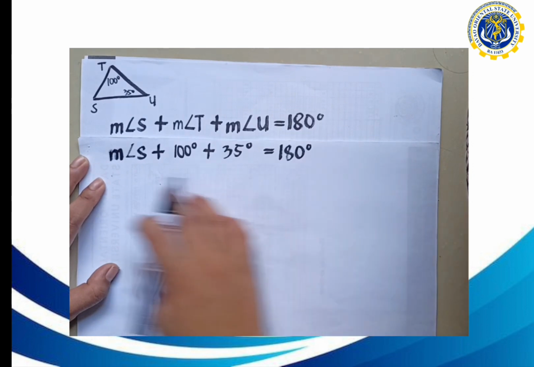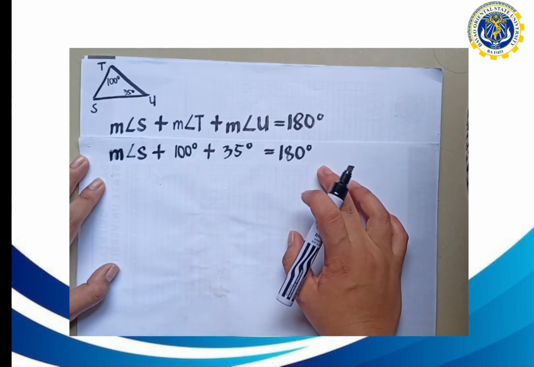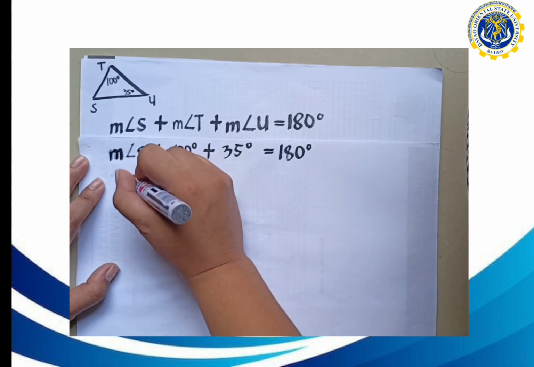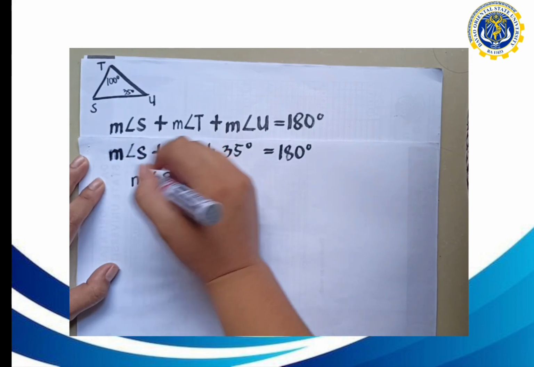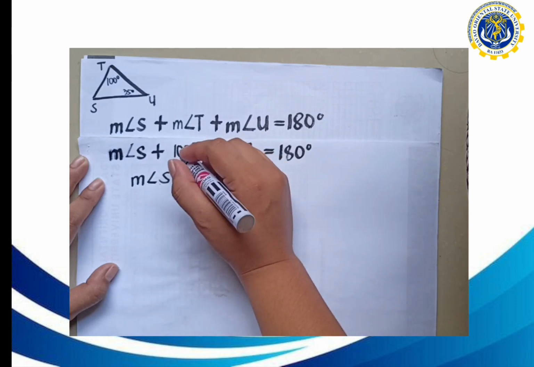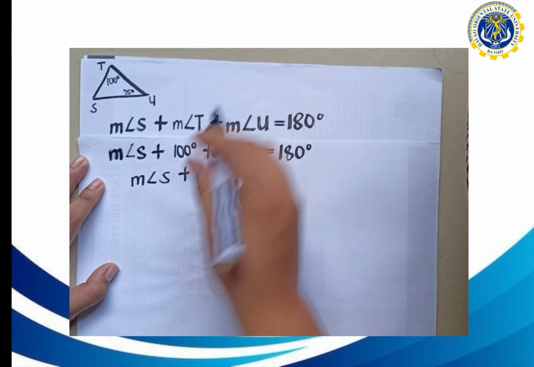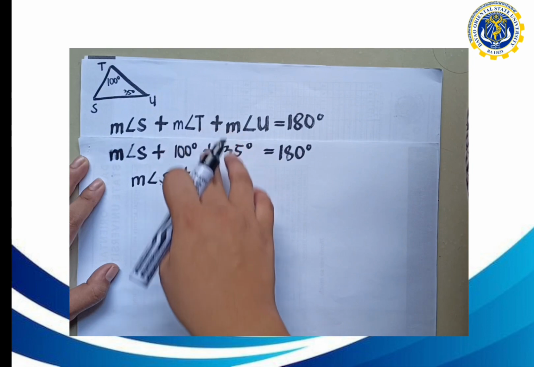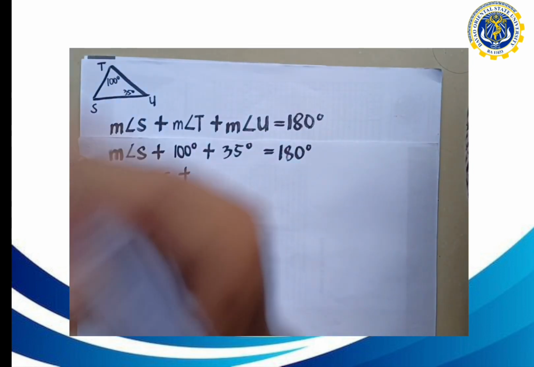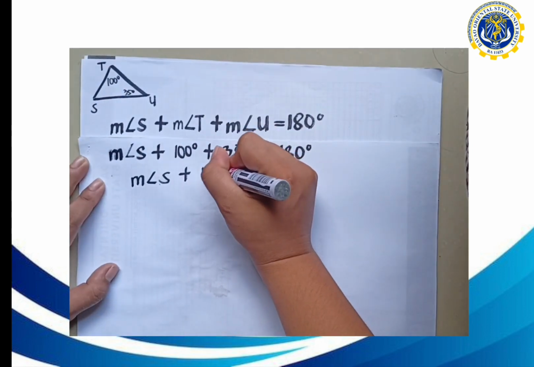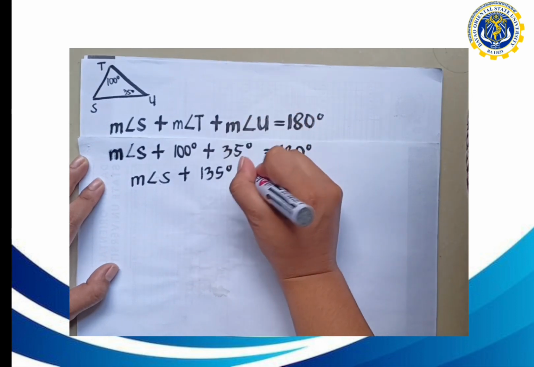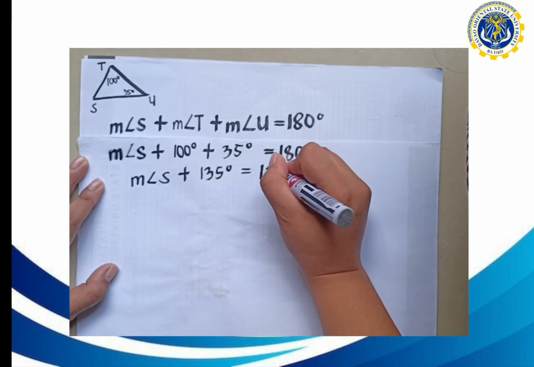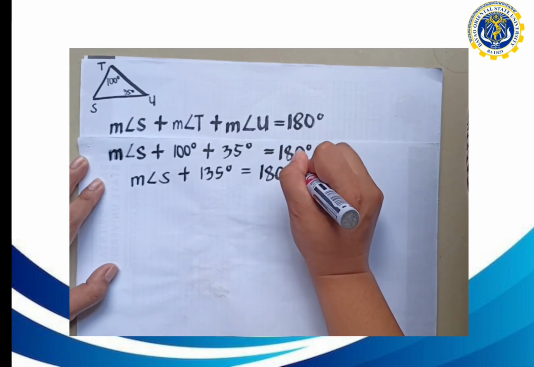Then after this, simplify. So we copy again the angle S plus the sum of angle T and angle U, which is 135 degrees, then is equal to 180 degrees.